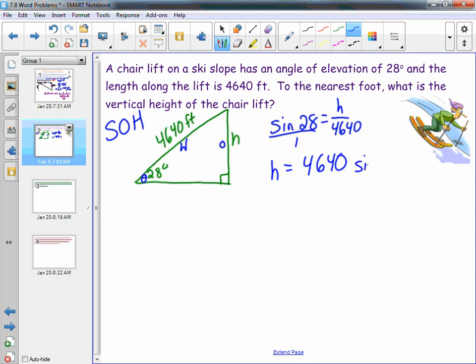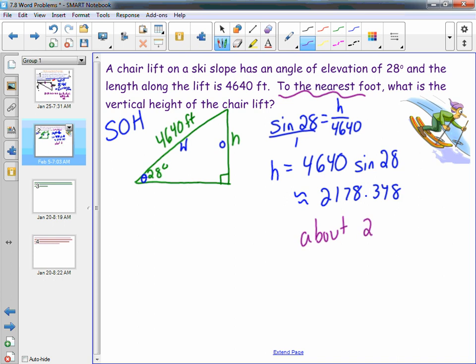So I get that h equals 4,640 sine 28, which is approximately 2,178.348. Our problem says to the nearest foot, so that means we will say it is about 2,178 feet tall.